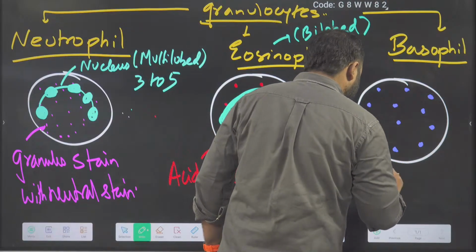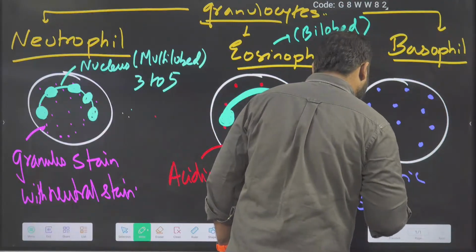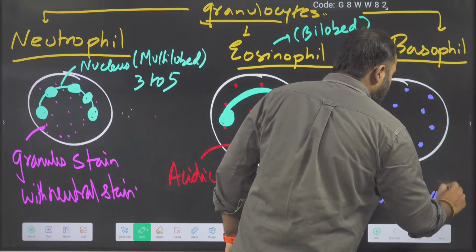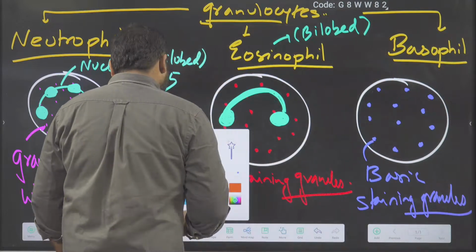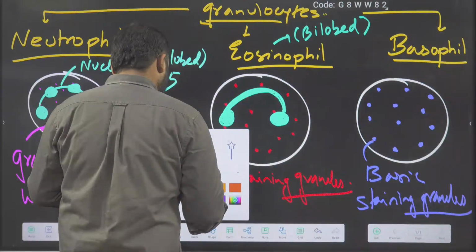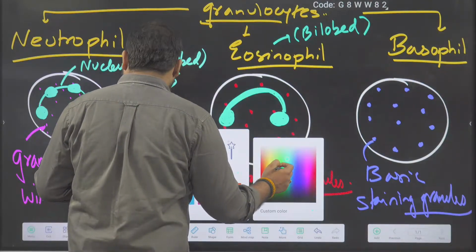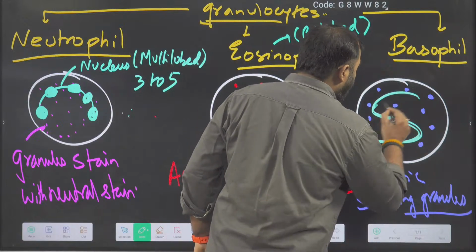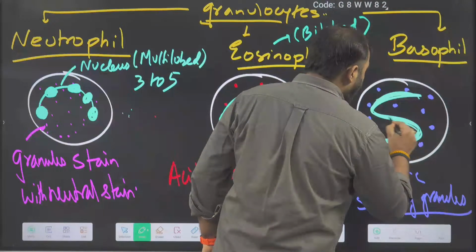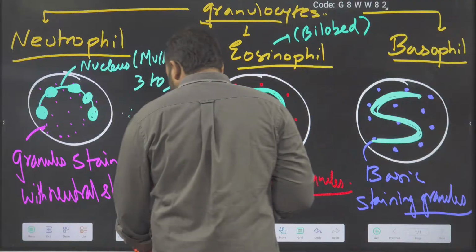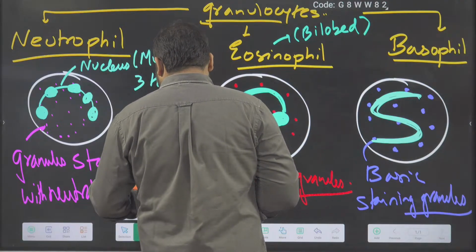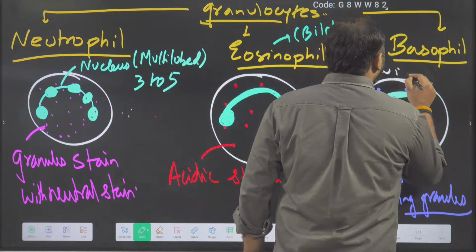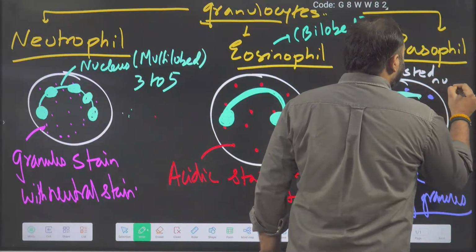So in the cytoplasm there are basic staining granules, and the nucleus will be S-shaped or a twisted nucleus. What will we say? Twisted nucleus. So in basophil there is a twisted nucleus.